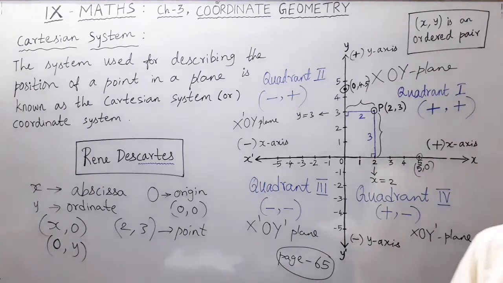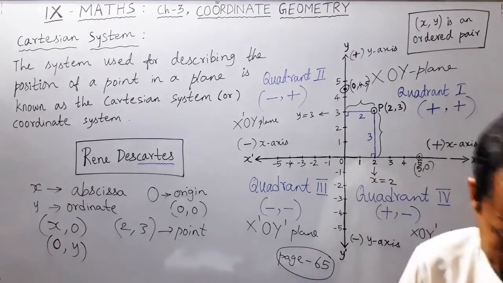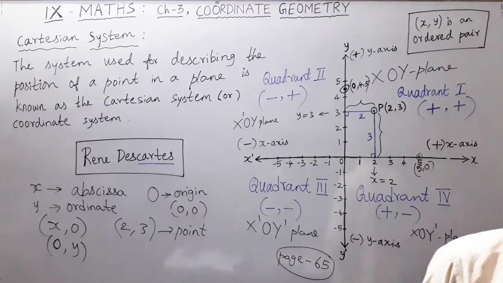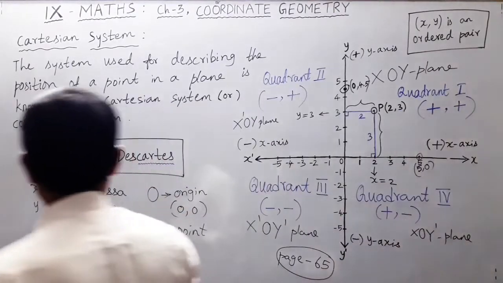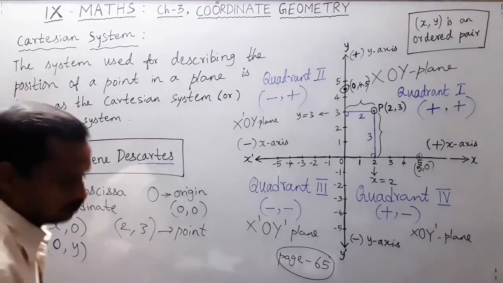Okay, and then coming to point number 11. If x is not equal to y, then I have explained that.